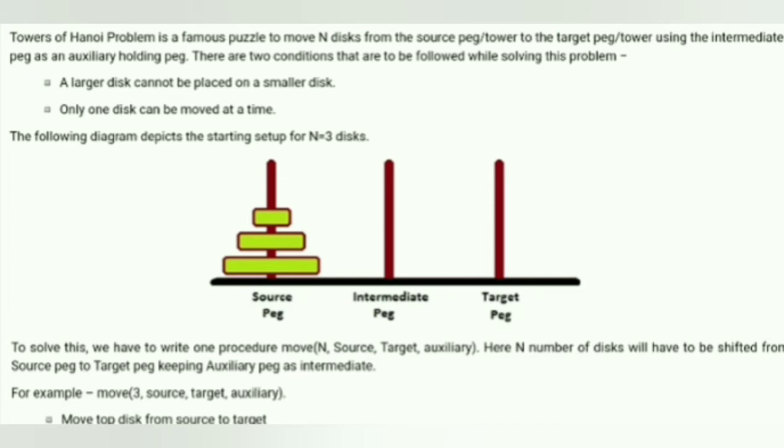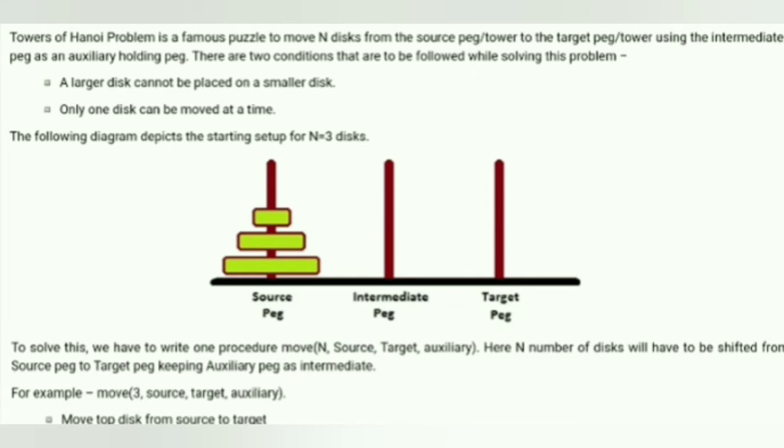And the second condition is that at a time only one disk can be moved from one peg to another peg. So this is the problem for us, and here this value of n will be supplied by the user, so that n disks are to be moved from the source to the target peg, keeping the intermediate or the center peg as auxiliary peg.